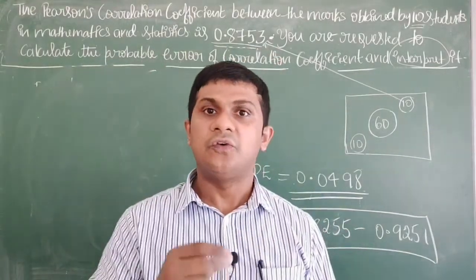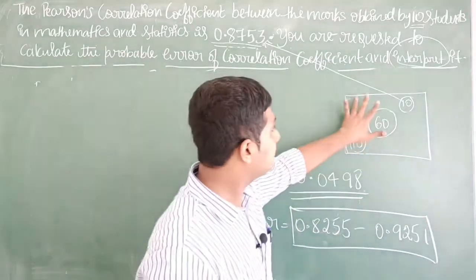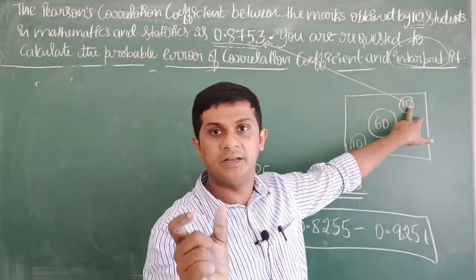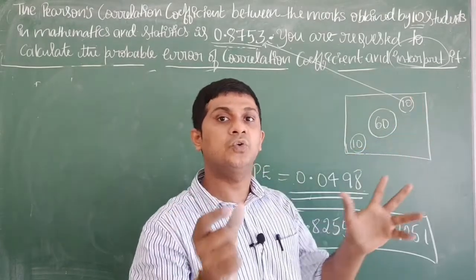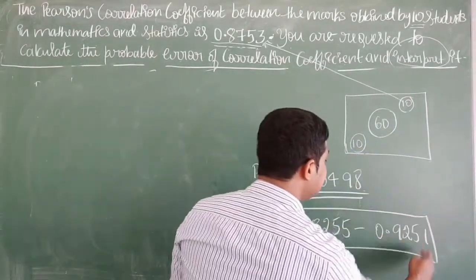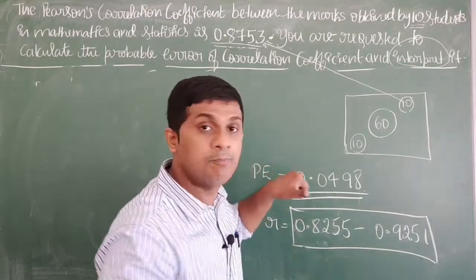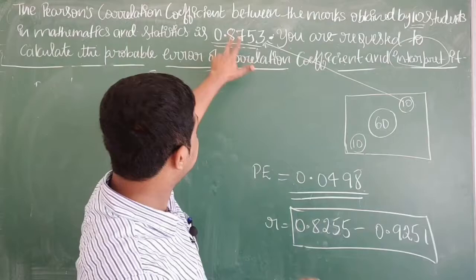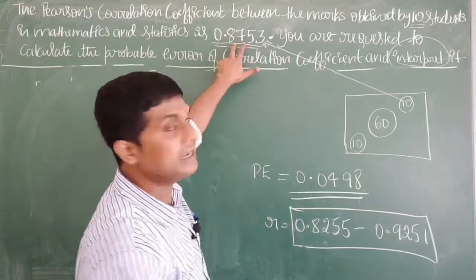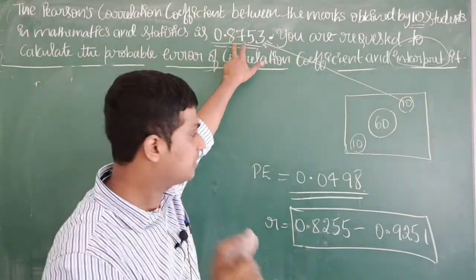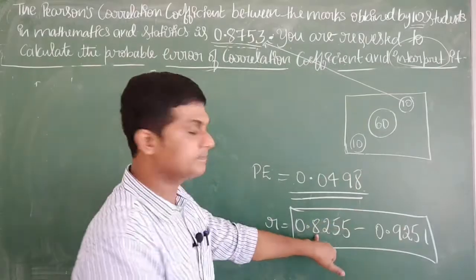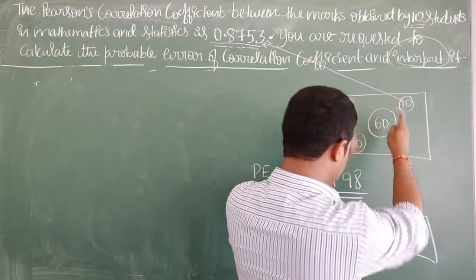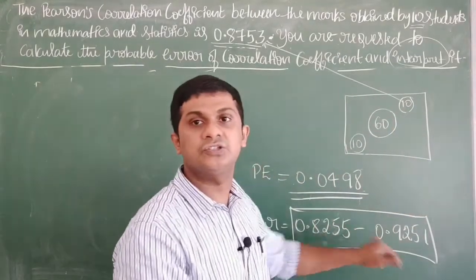So when we are interpreting about a population using a sample, it is always better to refer to an interval estimate than a point estimate, nothing but a single estimate. Instead of interpreting only based on the single estimate we got, it is always better to say the correlation coefficient for this population lies in between these two values.